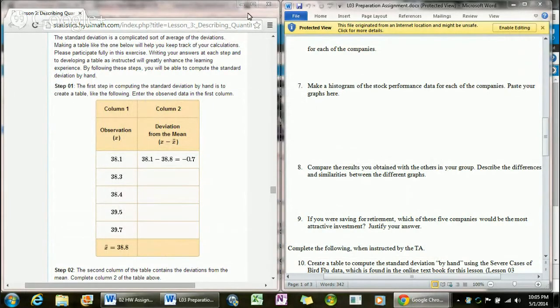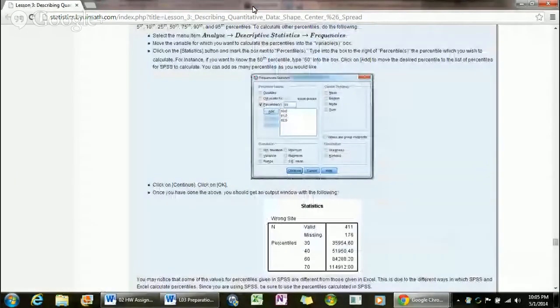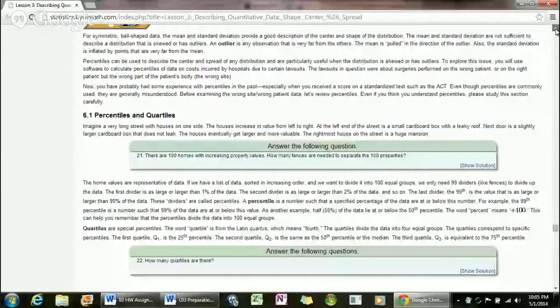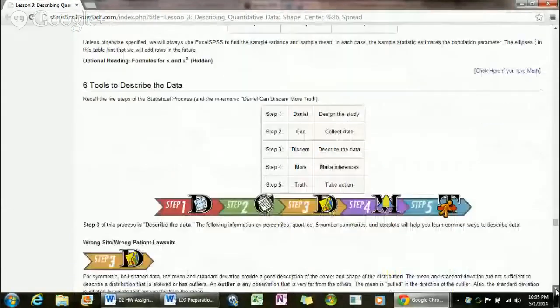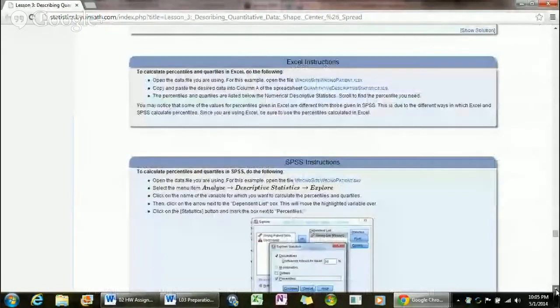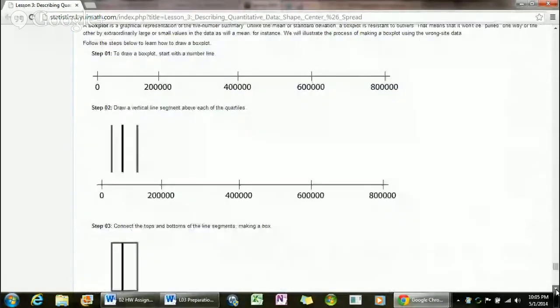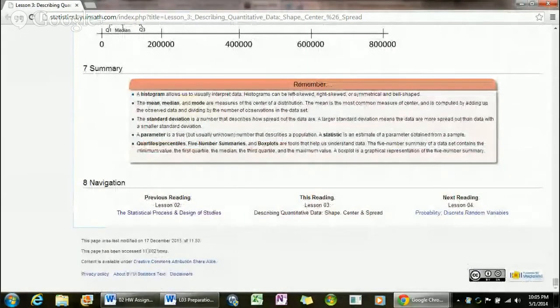Okay, so they want us to do this manually. Okay. Did you have the textbook open?